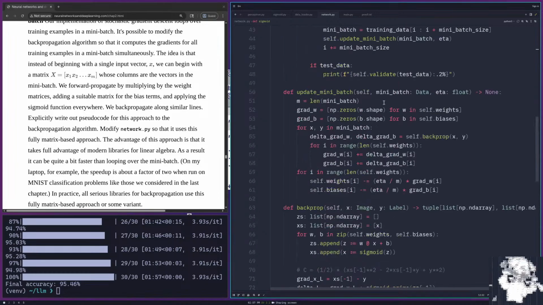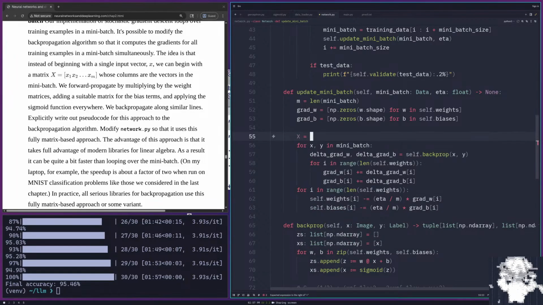Okay, so mini-batch. So here, instead of doing this, you turn the whole mini batch into a single X. So X is equal to, and then it's like the columns, you know, x1, x2, x3, these are the columns.